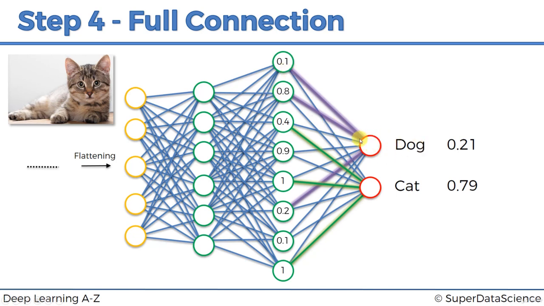So these purple weights are how the dog neuron views their votes, how much importance it assigns to these neurons and to those votes, and this is how much importance the cat neuron assigns to the votes of these neurons. And so these neurons vote. The dog and the cat, based on their learned weights, decide who to listen to, and then they make their predictions, and the whole neural network concludes that this is, in this case, a cat.